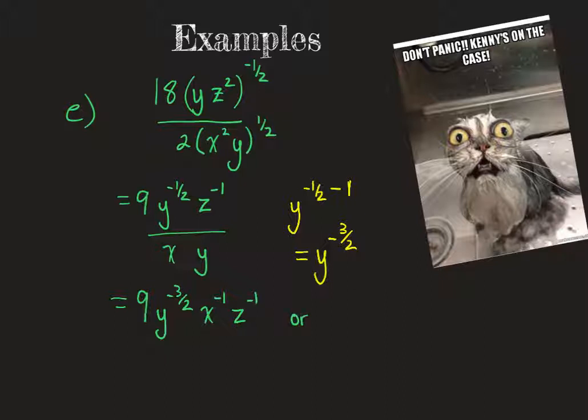Or you could write this as 9 over all of these things. So that's going to be y to the 3 over 2 x. And then probably people out there are looking at, oh, why are you putting the x after the y? So, you know, just preference. It's fine. I'll sort it out. I know how people get 3 over 2, and then you get z. Sorry, that's a z down here. Okay.